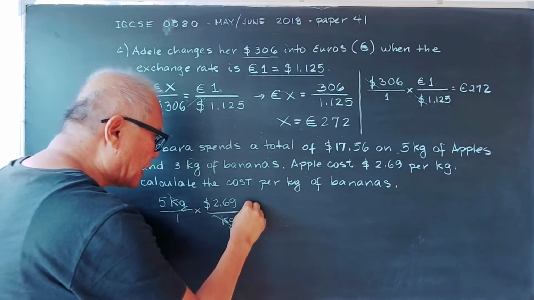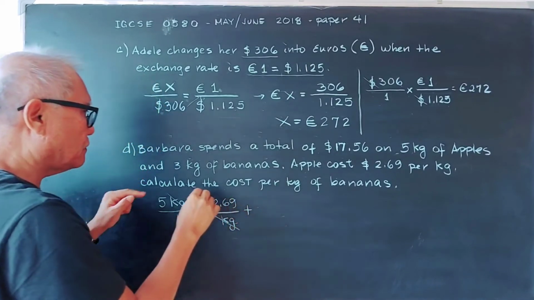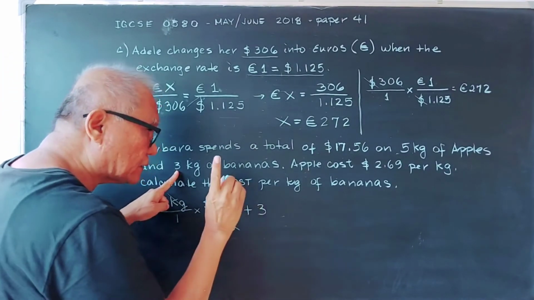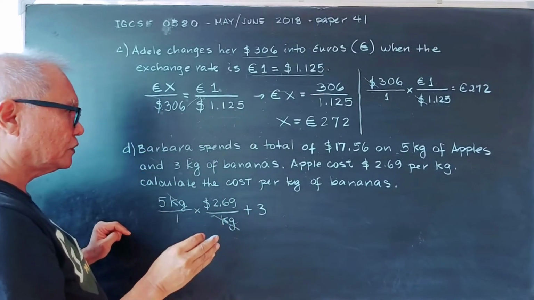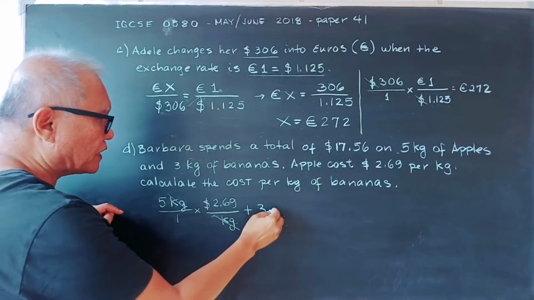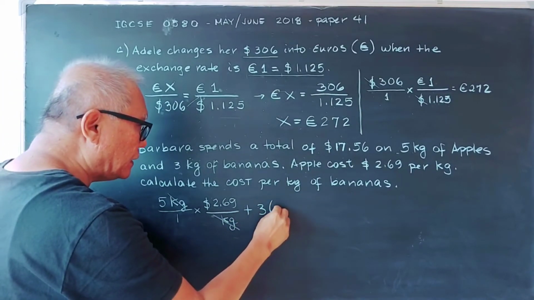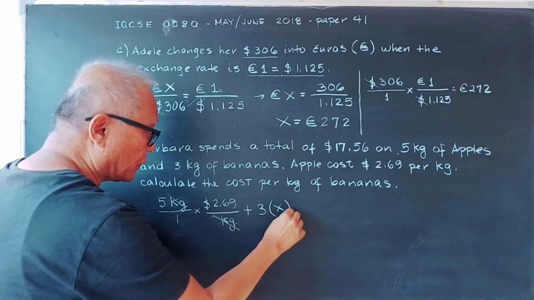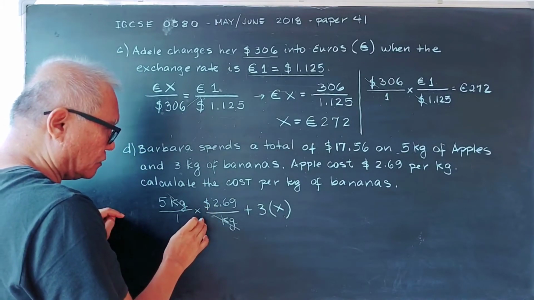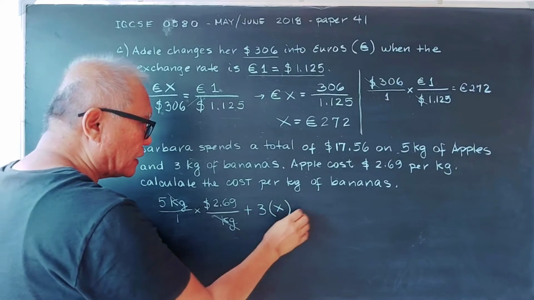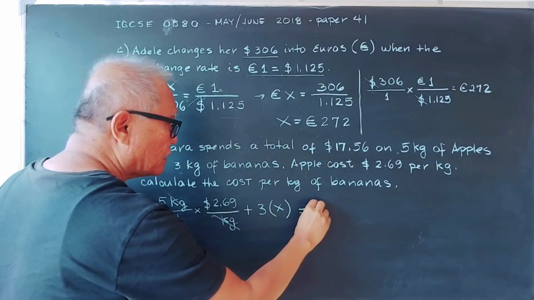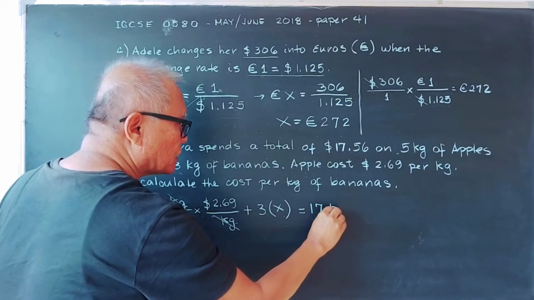Now for the banana, we have 3 kilograms of bananas here, but we do not know the cost per kilogram of bananas. So we represent that one by x because we do not know. If we add the cost of the apple plus the cost of banana, we will get a total of $17.56.